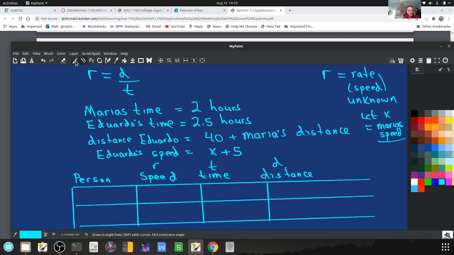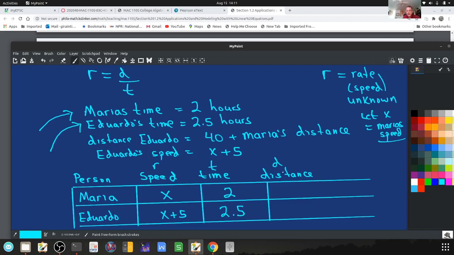So the person, one of the people will be Maria. And what is her speed? That's our unknown. And Eduardo, his speed is x plus 5. Now, what is Maria's time? Well, Maria's time is 2 hours. What is Eduardo's time? It's 2.5 hours.